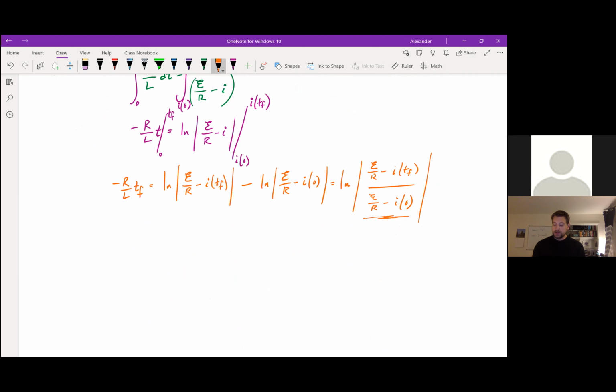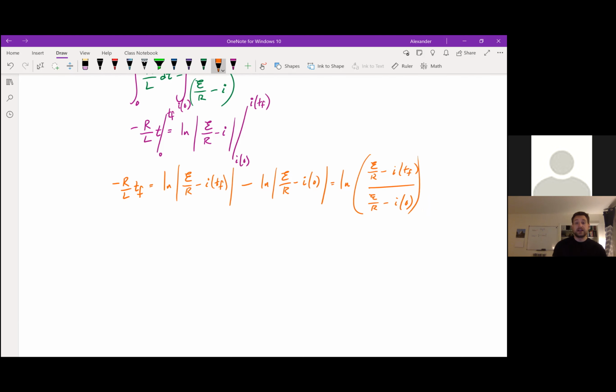The denominator here will always be positive because we're subtracting the final steady state minus something somewhere less than that. But so will the numerator. So the absolute values aren't necessary. We can make this just parentheses.